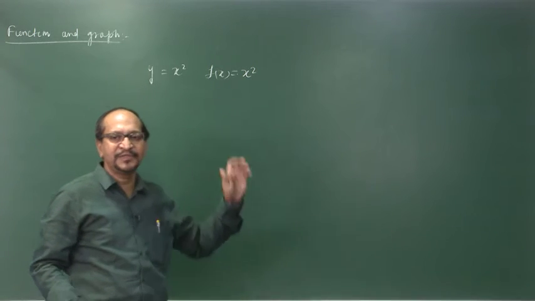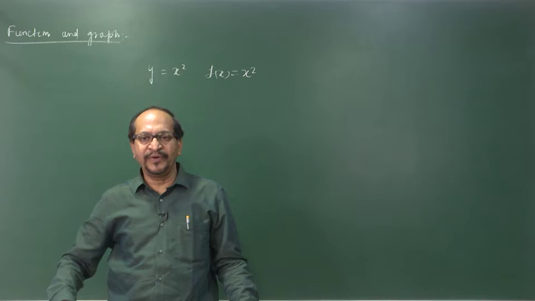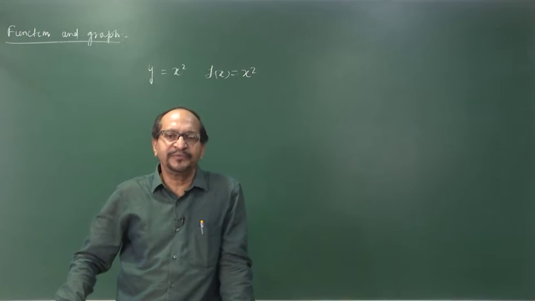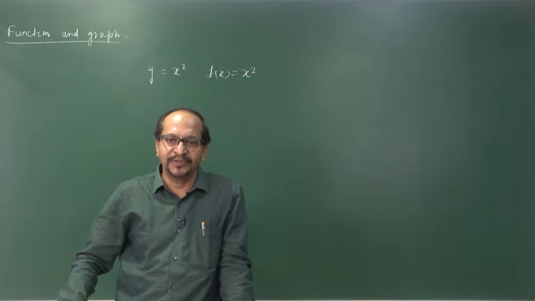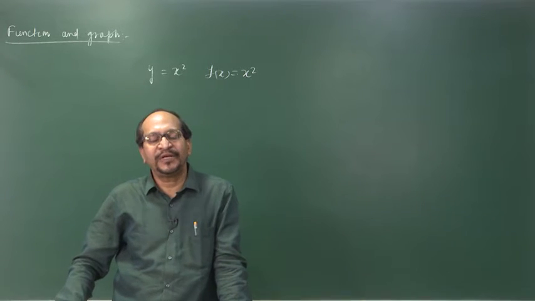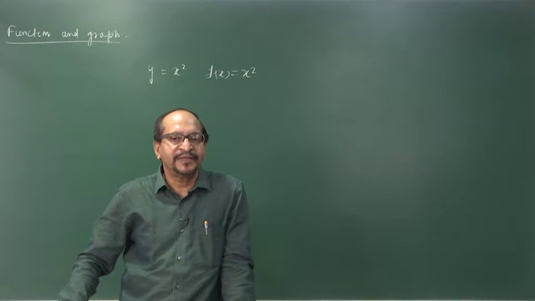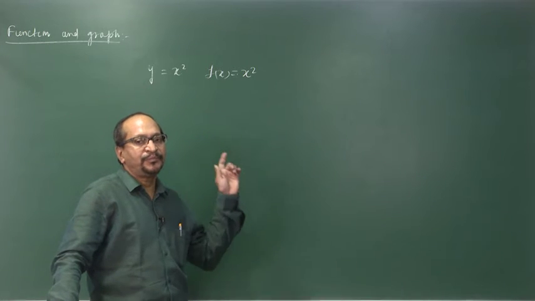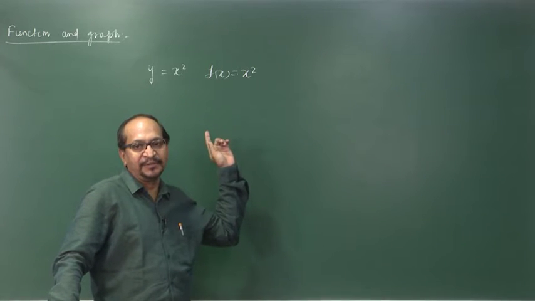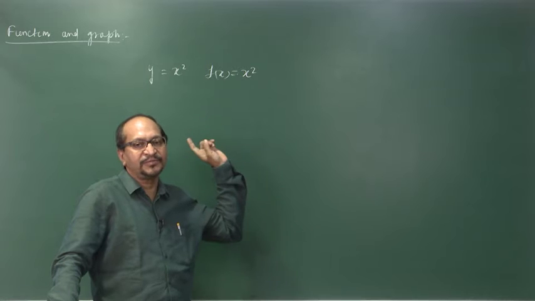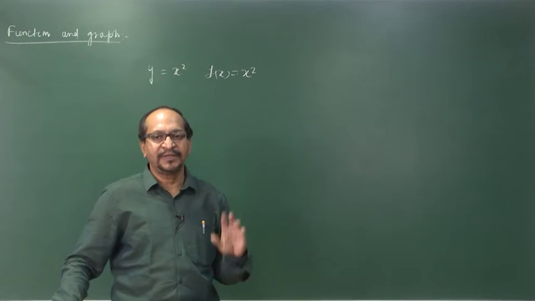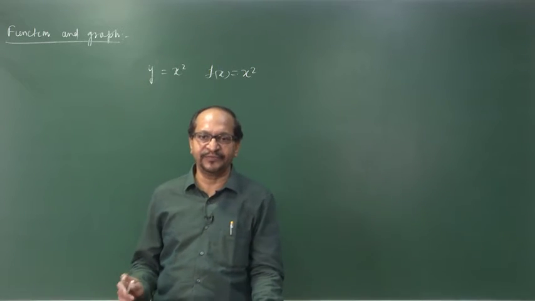Domain of the function means the set of all values of x, and here x can assume any real number value. So, the domain is real numbers. While what is the range of this function? The range is only positive real numbers, because x square is always positive. So, you can see how the domain and range are different here.